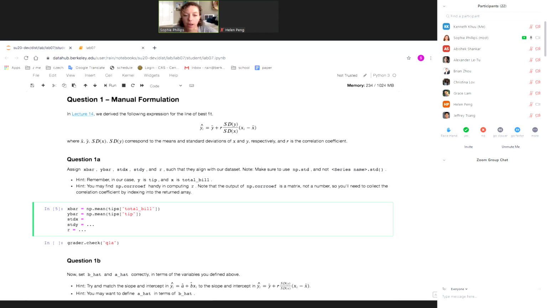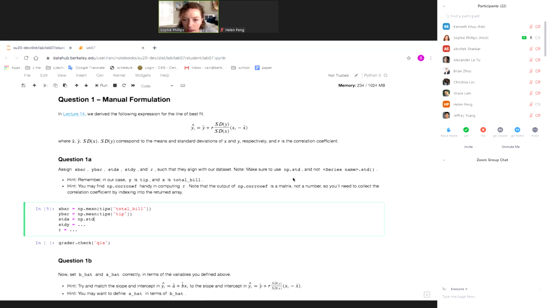For standard deviation of x, the hint gives a warning: use np.std, not the series standard deviation. They calculate it slightly differently in pandas series. And so we're just plugging in the values for these constants.